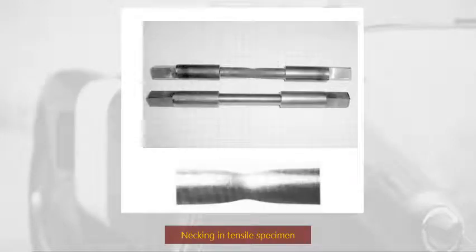So this is how the necking in the tensile specimen looks like. As you can see here, we can find an elongation at the middle part. So this is how it looks like, especially for ductile material when it undergoes necking. For brittle materials, it doesn't undergo necking. It will automatically break.